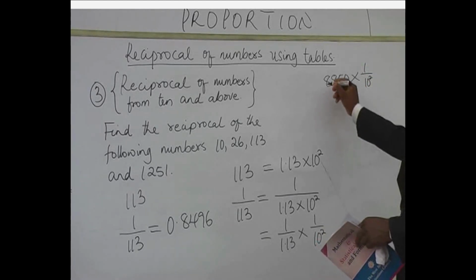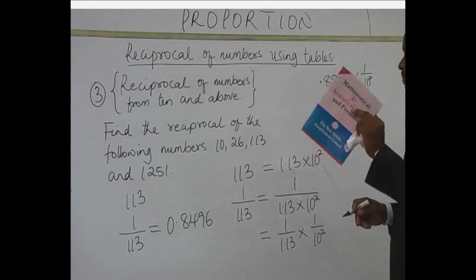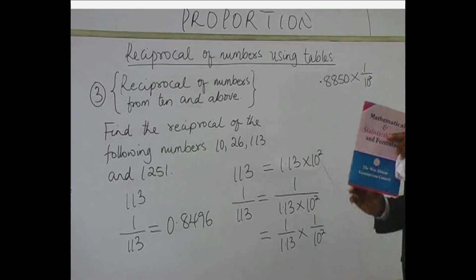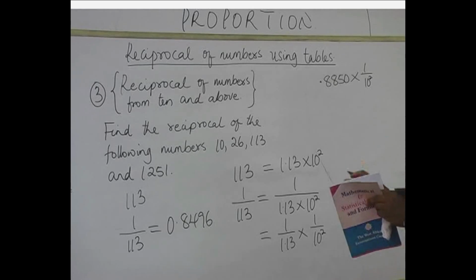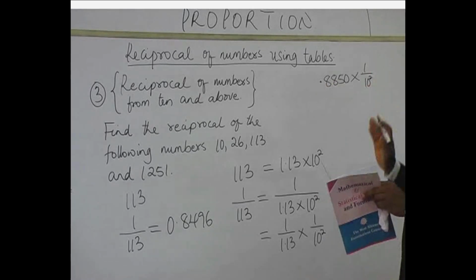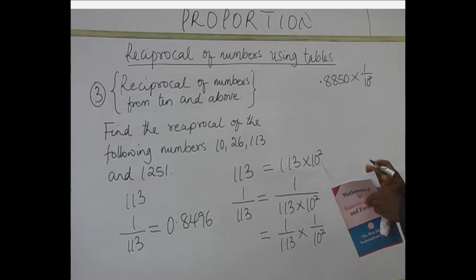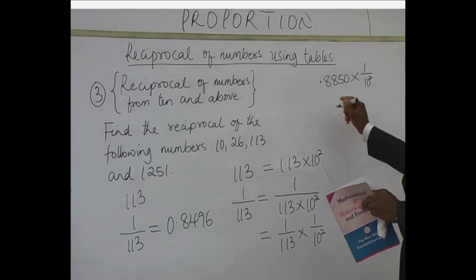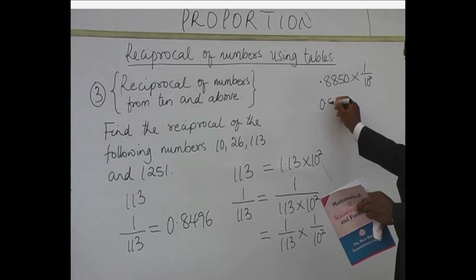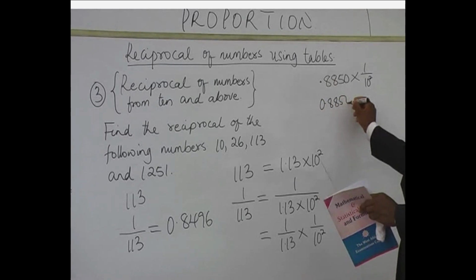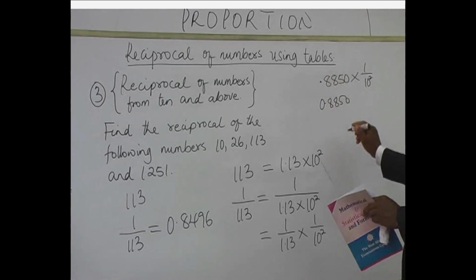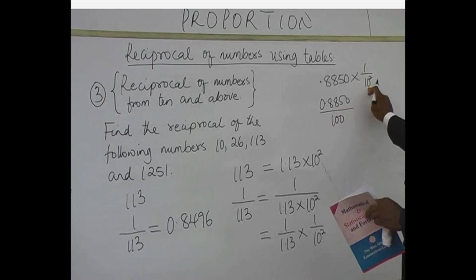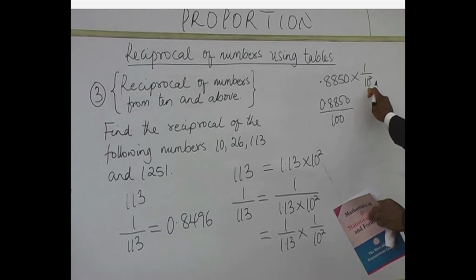This value, because it is from the reciprocal page of the four-figure table, has a decimal before the first digit. So what this means now is 0.8850, which is the same thing as this, divided by 100. Remember, 10 exponent 2 means 100, 10 times 10.